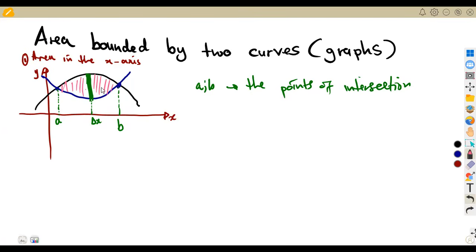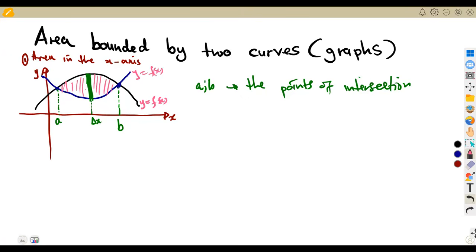This is the area that you're going to consider between A and B. So the concept is that we are no longer having a single function where we just find the integral of y with respect to x given the limits a and b. We shall find the difference between these two graphs, but it must be the graph on top. All right, this is the graph of y is equal to f of x. Also, this will be another graph, y is equal to f of x.